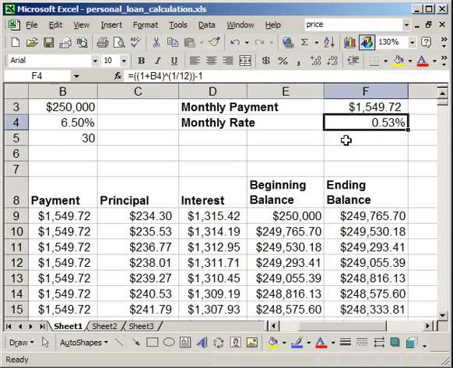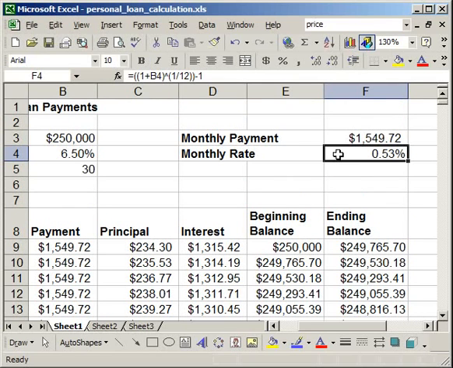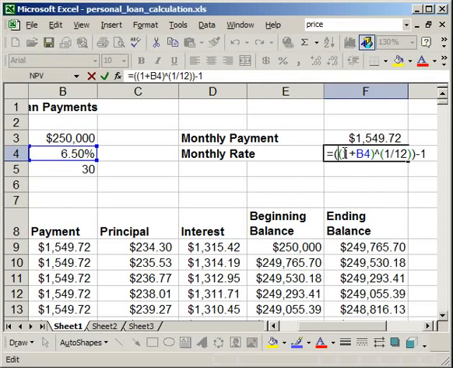Zoom in a bit. For the monthly rate cell, what you want to do is 1 plus the yearly interest rate raised to the power of, that's a little caret there, 1 divided by the number of periods you want to do the interest rate for. Here it's 12 for 12 months, and then you want to minus all of that by 1.